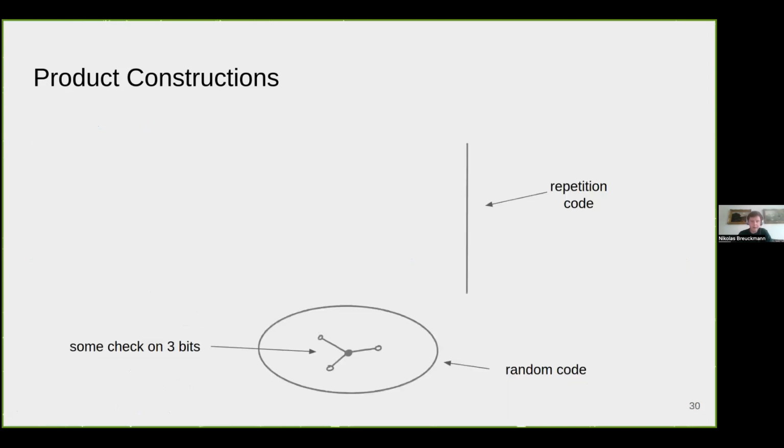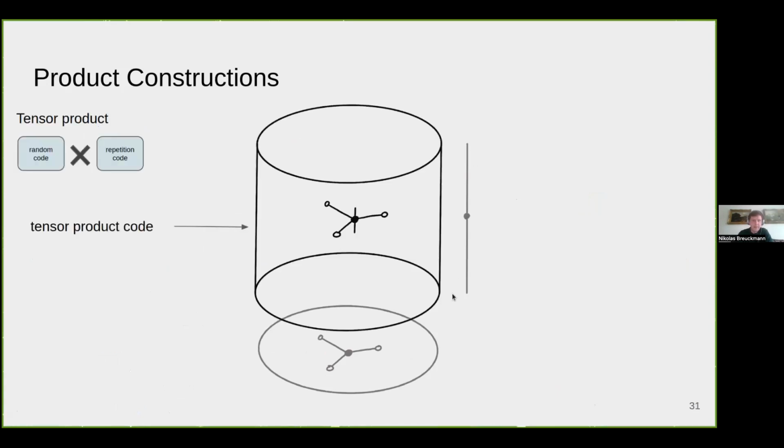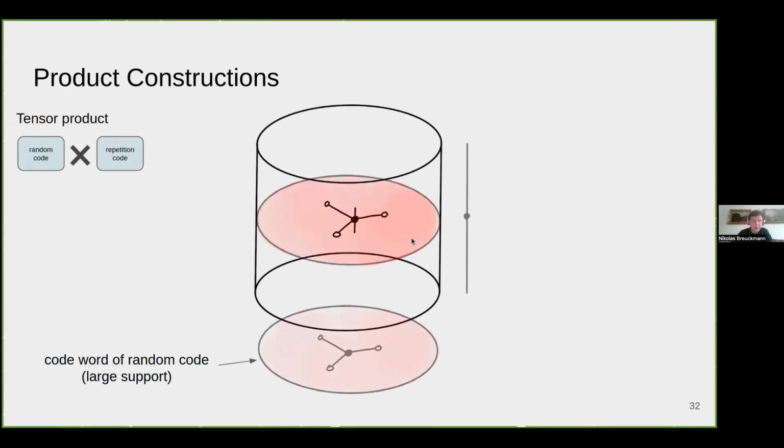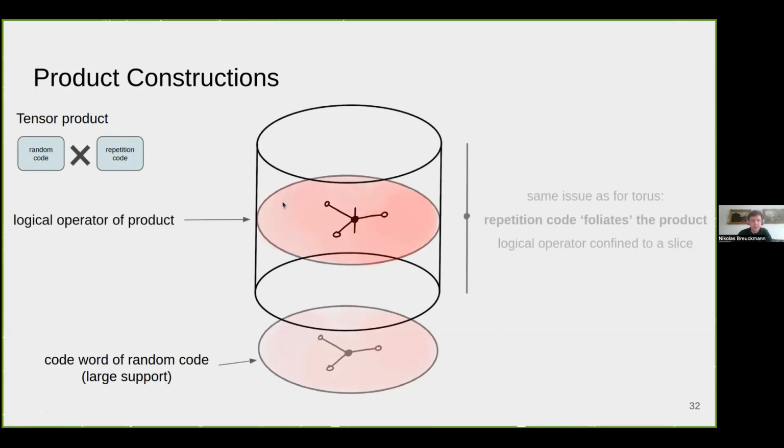So the product that they do is between a random code, which I draw as this oval shape, and a repetition code, which is just this 1D line. If we were to do just the normal tensor product, then we would have some checks which come from the checks of the input codes, and the codewords of the random code would lift to a logical operator, and we would essentially have the same problem that we had before.